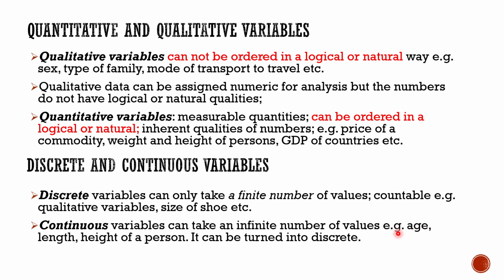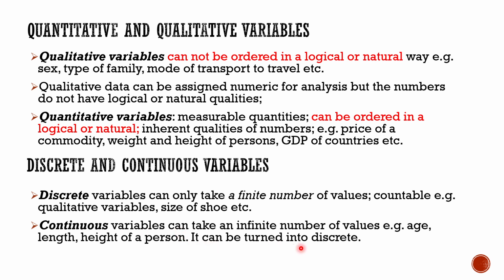The age of a person can be 15 years, 6 months, and then it can go on to hours, minutes, seconds and nanoseconds. Likewise, length, height of a person. So it depends upon the precision of measuring of a particular variable, and you can go on in case of continuous variables.